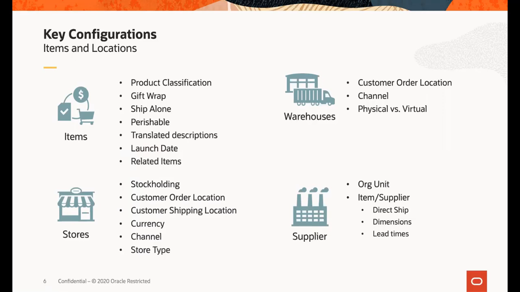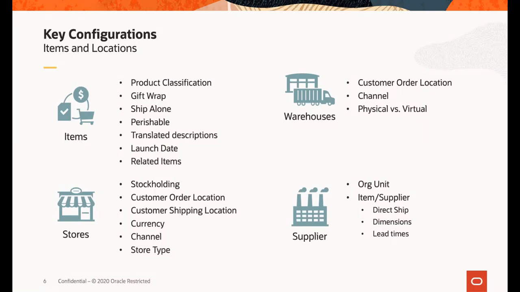So product classification, which can be used to determine if the item is heavy or it's got any kind of toxic materials, so it can't be packed with other items in the same box. Whether the item is eligible for gift wrapping, if it has to ship alone, if it's perishable.